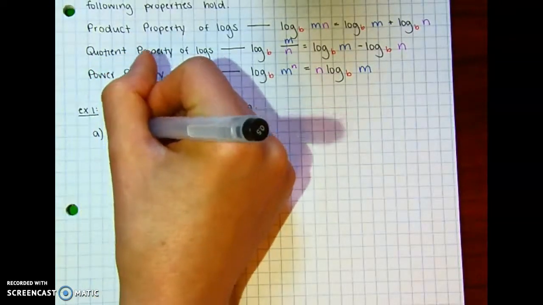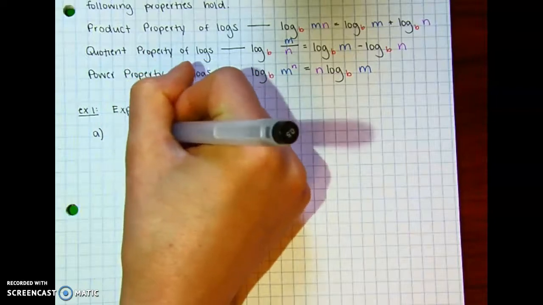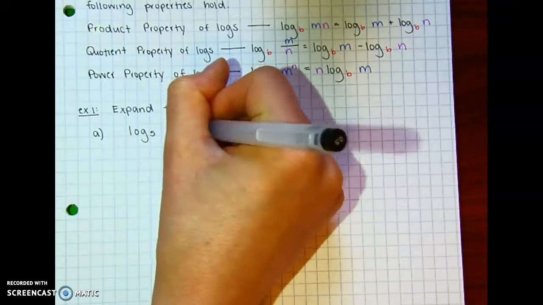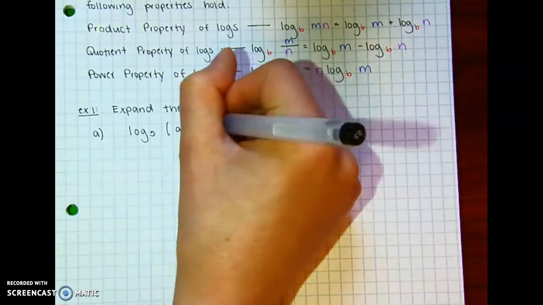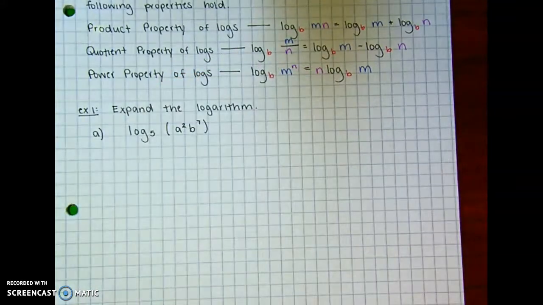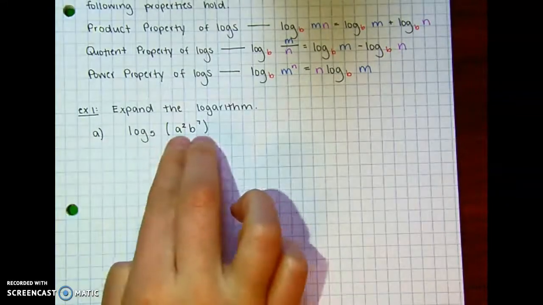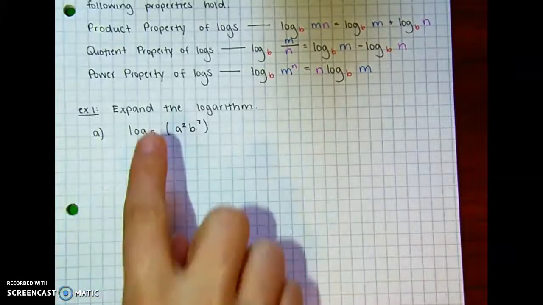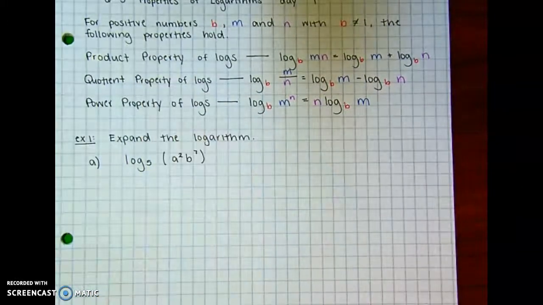So let's expand log base 5 of a to the second times b to the 7th. Because these are being multiplied together, the first thing we're going to do is expand them, and that's going to use the product property.